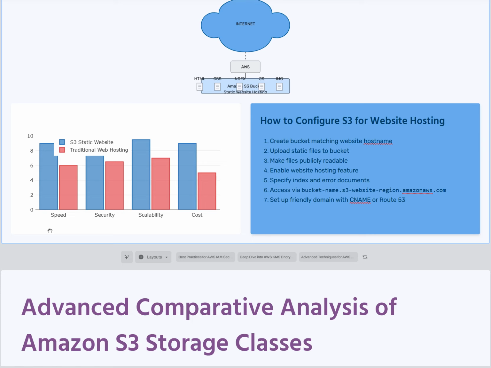The format is different in two ways: when you're uploading objects there is one URL, and when you're accessing the website there is a different URL. When accessing, the first thing is the bucket name, then s3-website, region, amazonaws.com. We're going to discuss a few examples in the future.